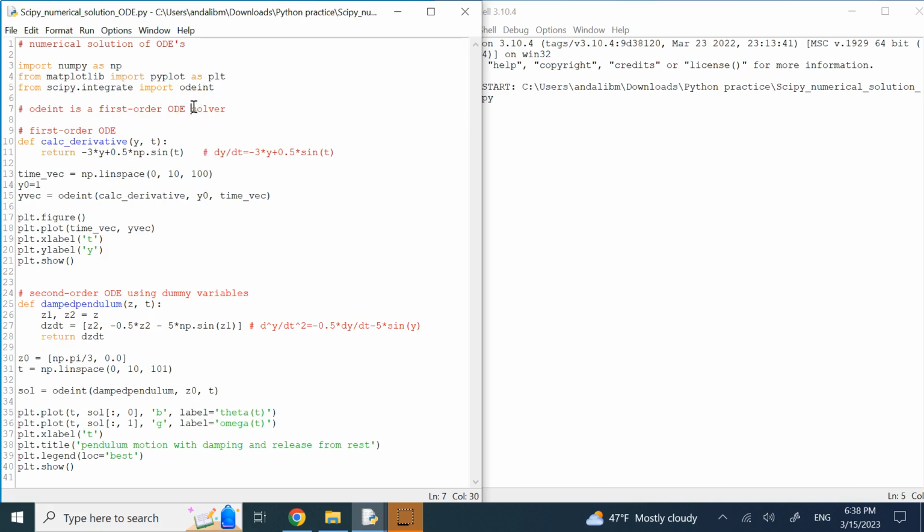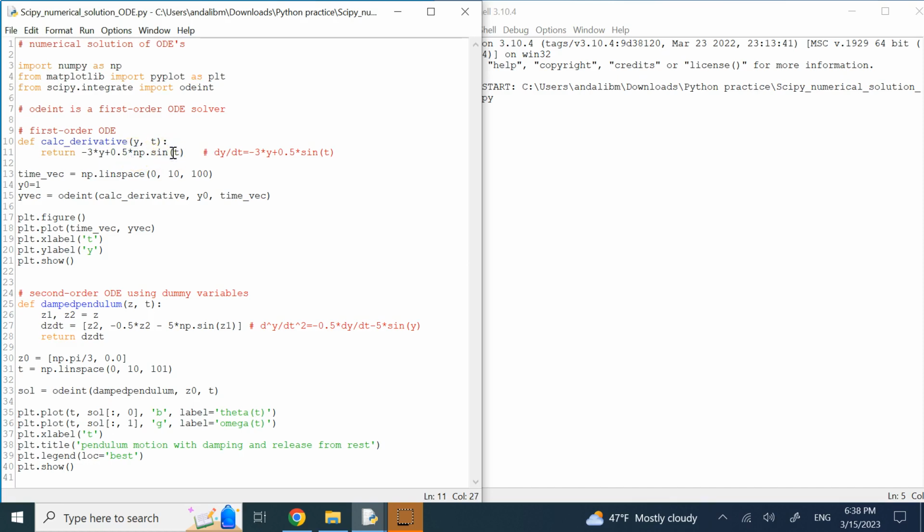So in order to do that, you have to define a function that gives you the right-hand side of the first derivative. It should be a function that receives t and y as input and spits out the derivative. Give it any name that you want. It takes y and t and gives you back negative 3y plus 0.5 sine of t, using numpy sine.